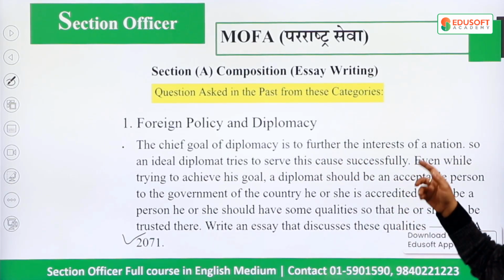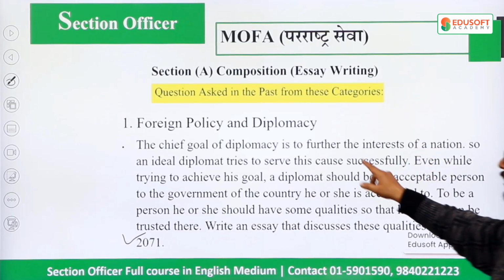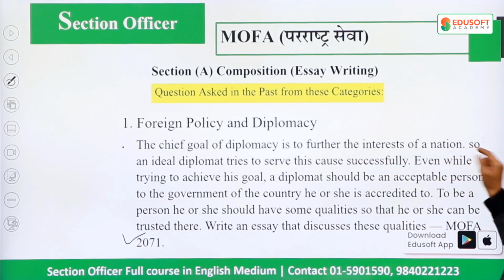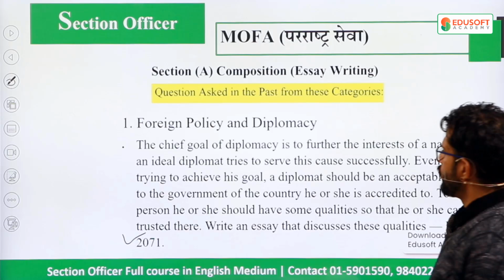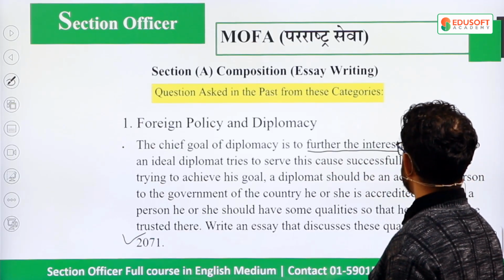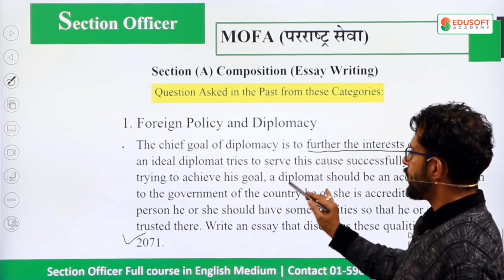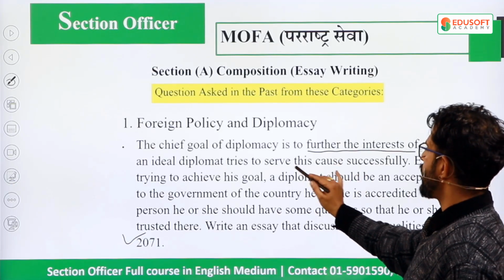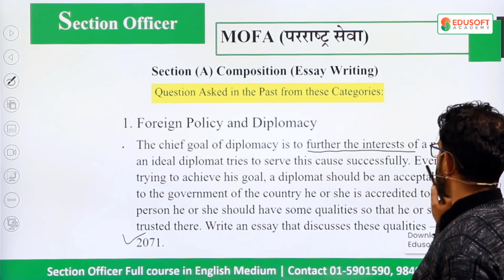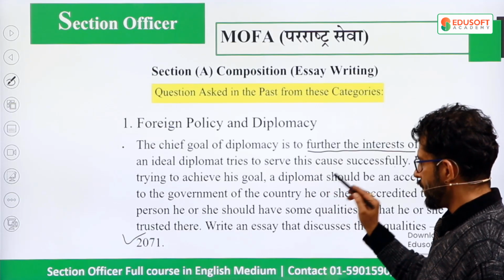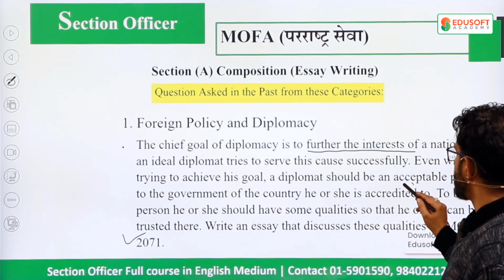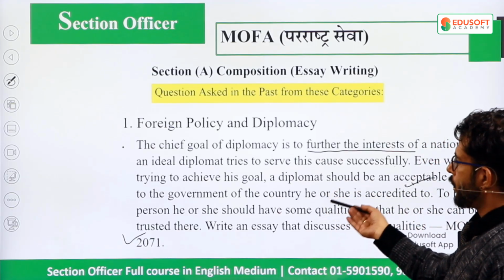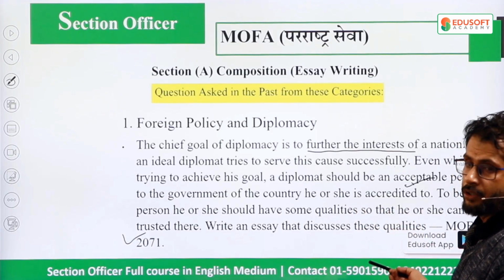The question reads: the chief goal of diplomacy is to further the interest of a nation. What is the chief goal? Further the interest of the nation. So an ideal diplomat, he or she should try to serve this cause successfully. Even while trying to achieve this goal, a diplomat should be an acceptable person to the government of the country he or she is accredited to.